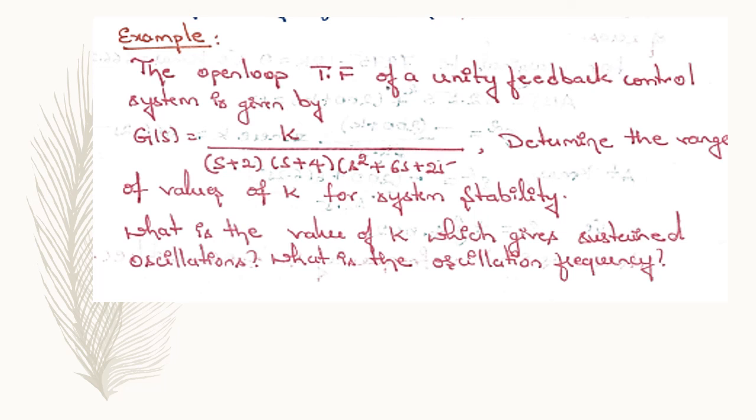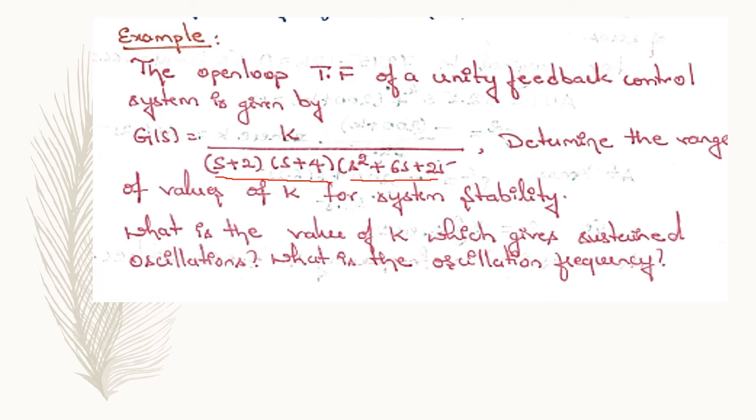G of s is equal to k divided by s plus 2, s plus 4, s square plus 2s plus 25. From the first two terms, we can say that the system is stable, because we are getting poles at minus 2 and minus 4. But when we take this quadratic s square plus 6s plus 25, we are not able to say whether the system is stable or not by finding the roots.